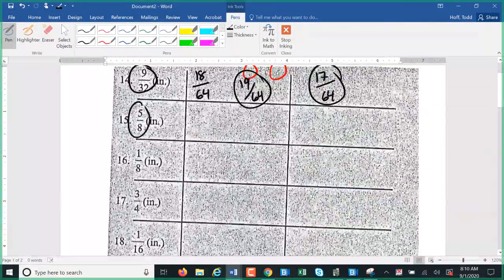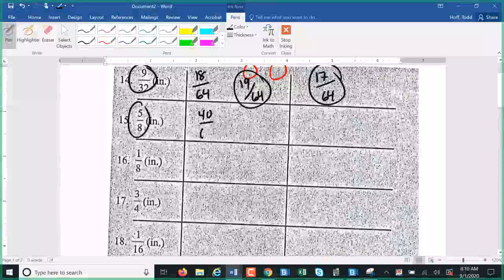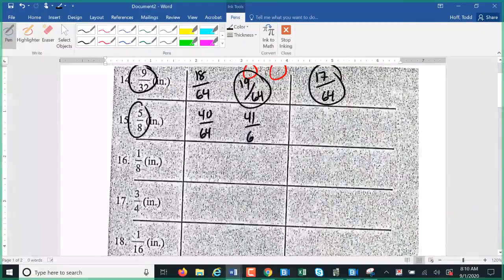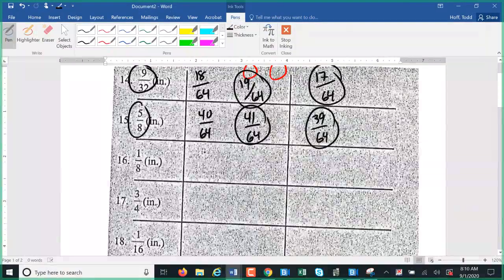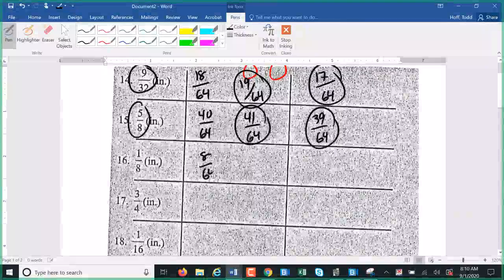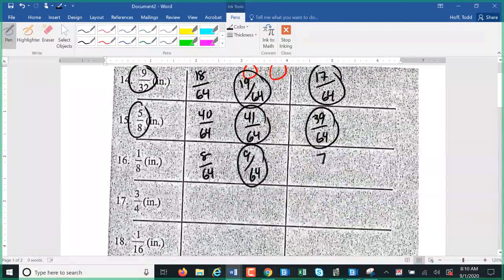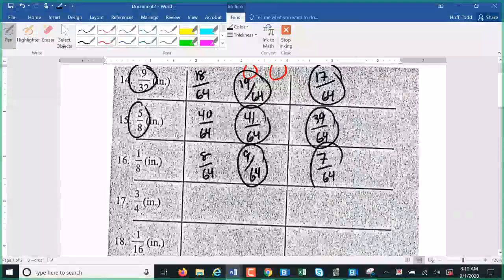5/8 in 64ths would be 40/64. So one larger is 41/64. One smaller is 39/64. 1/8 is 8/64. So then larger would be 9/64 and smaller would be 7/64. 3/4 is how many 64ths? So it's 4 times 16.